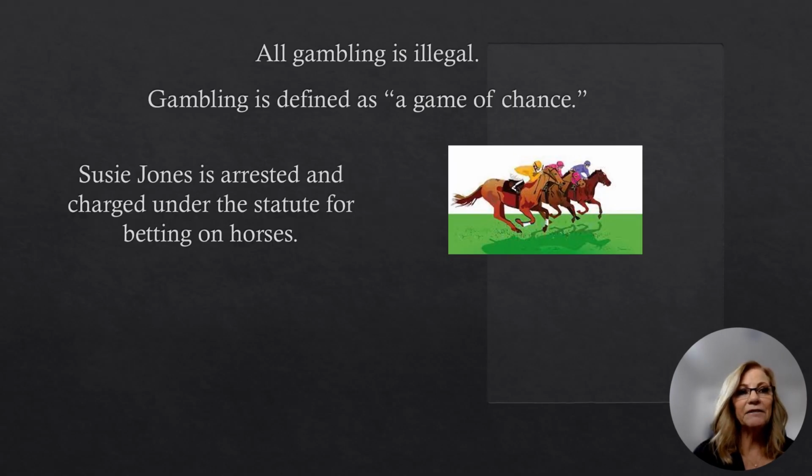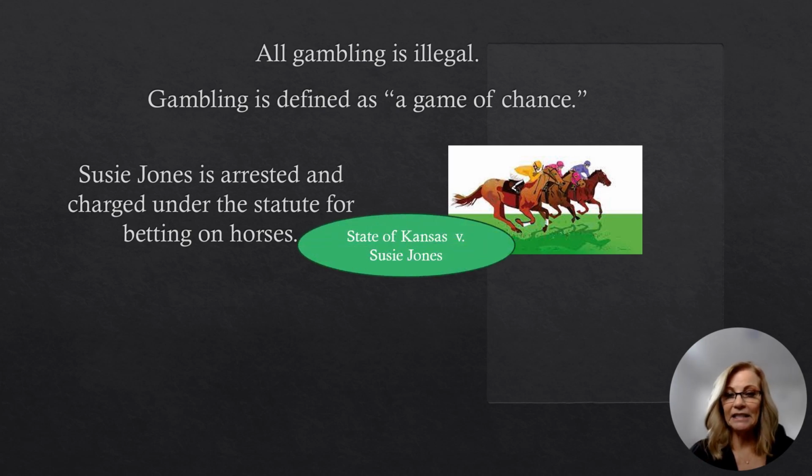Now we have Susie Jones, and she's arrested and she's charged under the statute for betting on horses. And the statute doesn't say whether or not horse racing is gambling. So we have the case State of Kansas versus Susie Jones, or State of Missouri, either way. And what we need to know is, how is Susie going to defend this?